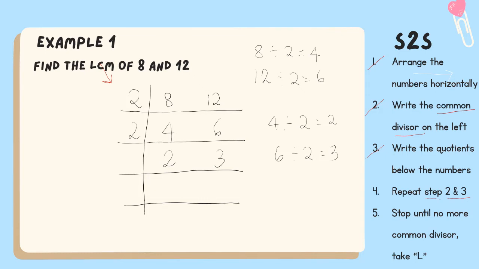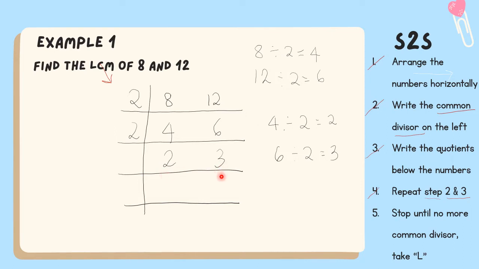And then you repeat step 2 and step 3 when you need to. Next, do you think you can divide 2 and 3 with a common divisor? 2 is an even number and 3 is an odd number.